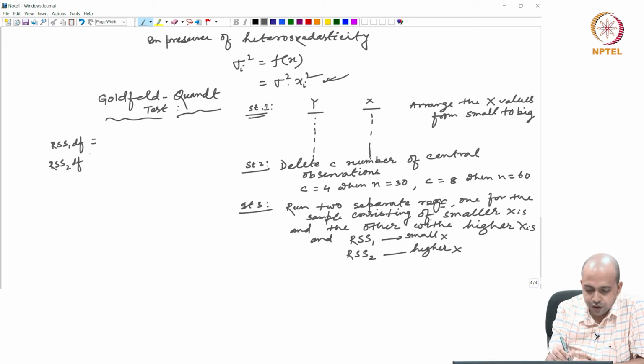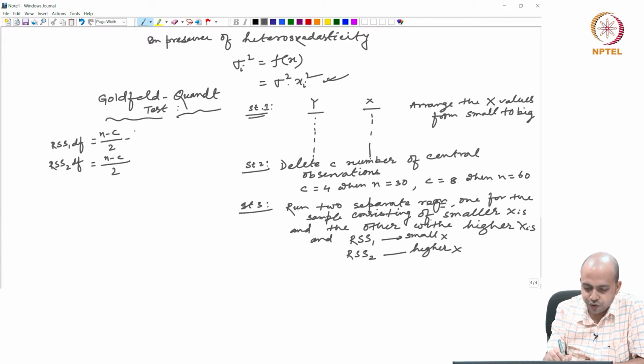It is very simple. If you have n observations and you deleted C, now you have (n minus C) by 2 for the first sample, and the second sample will also have (n minus C) by 2.